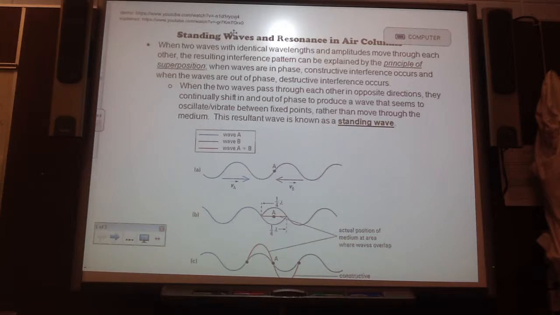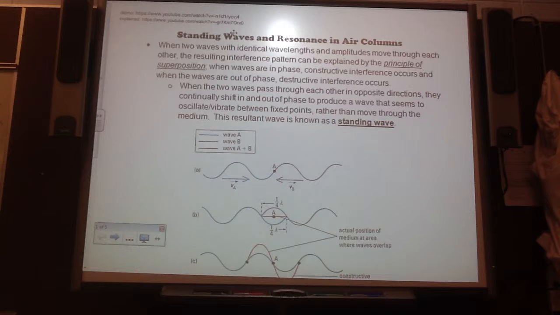When two waves with identical wavelengths and amplitudes move through each other, the resulting interference pattern can be explained by the principle of superposition. That's what we did yesterday. So that's just a recap of the principle of superposition.